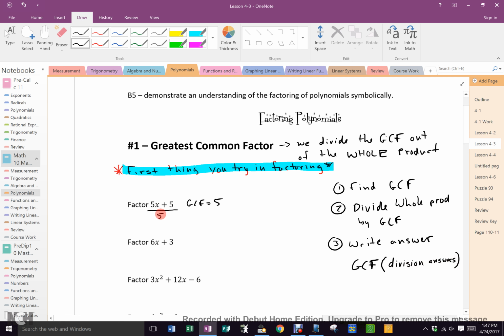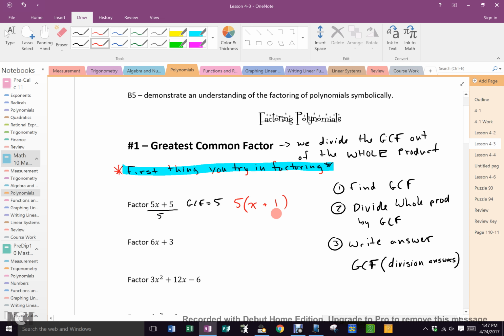So let's rewrite this. What was our GCF? 5. So we write 5 bracket. Then we do all our answers. What's 5x divided by 5? X. Because 5 divided by 5 is 1, right? Now there's a plus sign. Plus, what's 5 divided by 5? 1. Is there any more division?